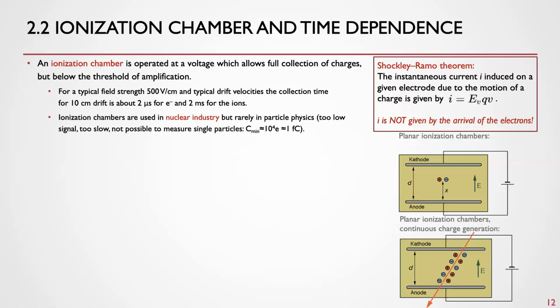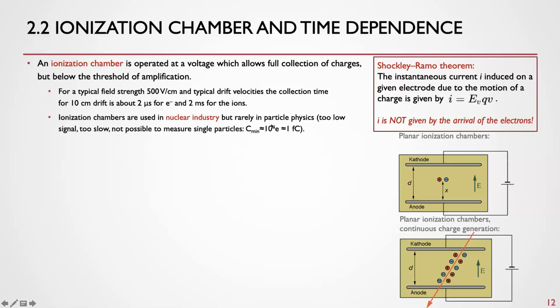Ionization chambers aren't used in high energy physics a lot. They are used in the nuclear industry. The reason is simply that with an ionization chamber, it would have to be very large to detect single particles. We need very roughly 1 femtocoulomb as a minimum charge, such that our amplifiers can see a signal above the noise.